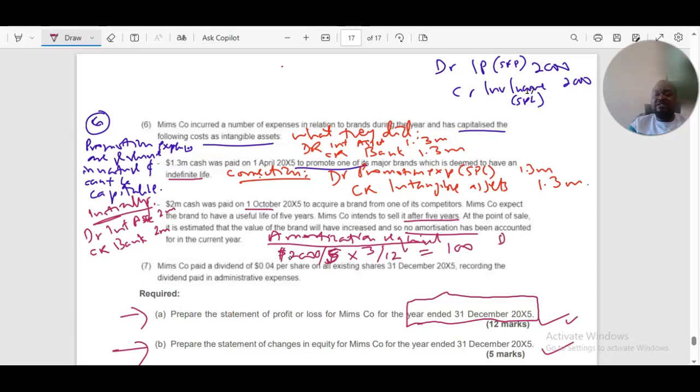We're going to debit amortization, but we were told by note number 5 that all amortizations and depreciations are going to be admin expenses. Are we together? So we are going to debit admin expenses $100, and credit accumulated amortization.